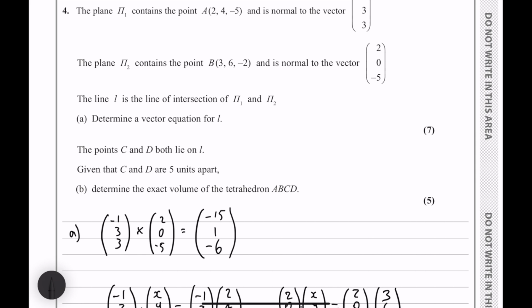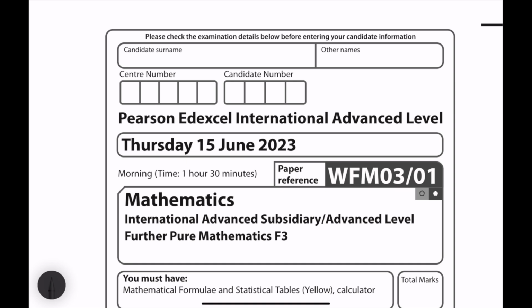The points C and D both lie on L. Given that C and D are 5 units apart, determine the exact volume of the tetrahedron ABCD. Now you've got to remember, for a tetrahedron, the volume is 1/6 of the magnitude of the triple scalar product, which is, let's say, AB dot AC cross AD, or something like that.